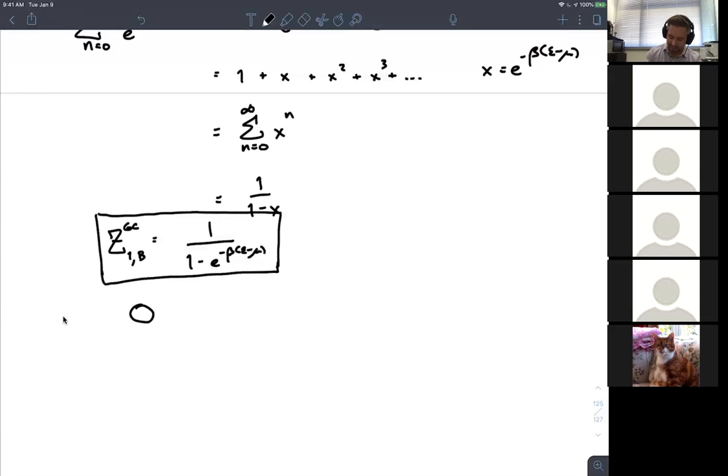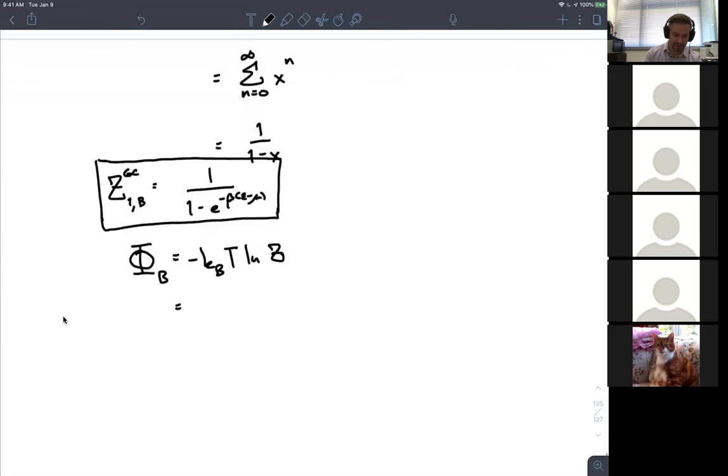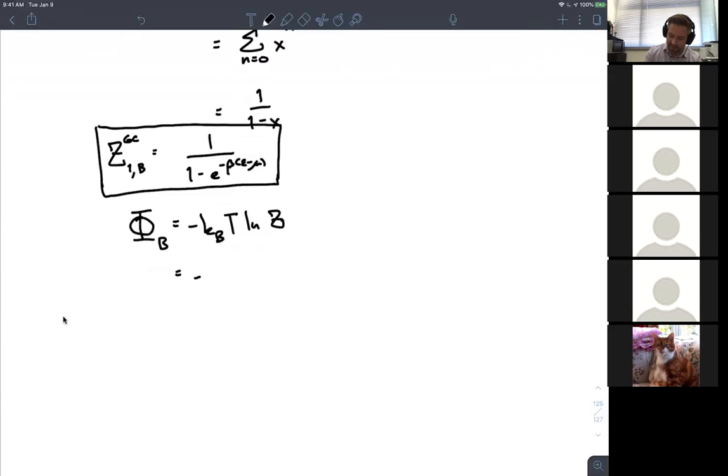And again, we calculate the free energy from this, which is just minus kBT log of z, and we get minus kBT log of 1 minus e to the minus beta (epsilon minus mu).